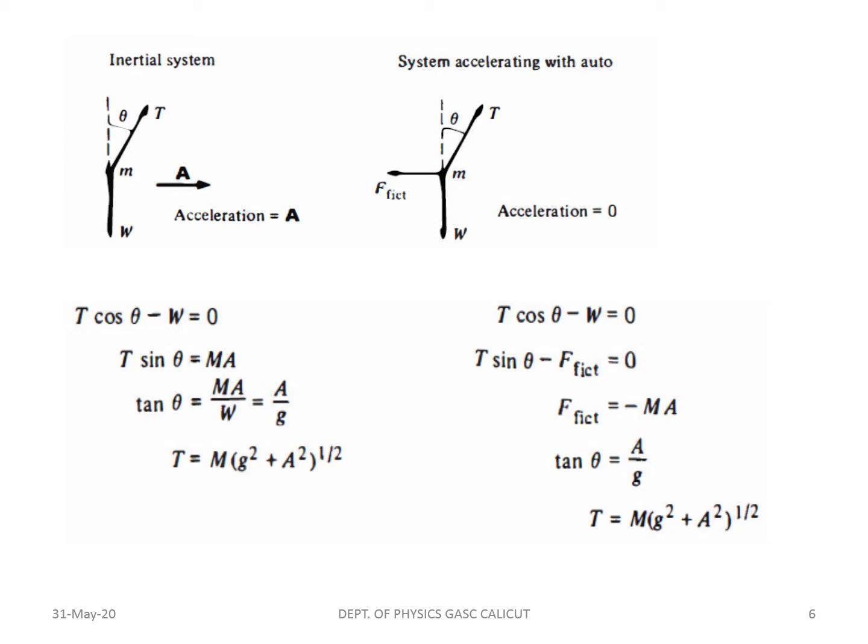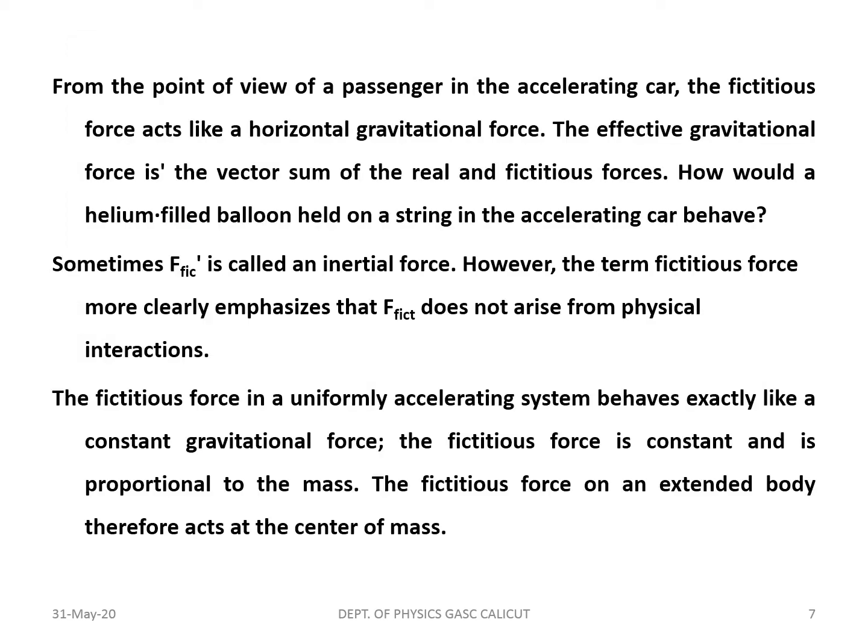Similarly, if you do the same calculations assuming you are sitting inside the car and measuring the tension, you will get the same value of tension. So we conclude that from the point of view of a passenger in the accelerating car, the fictitious force behaves like a horizontal gravitational force.